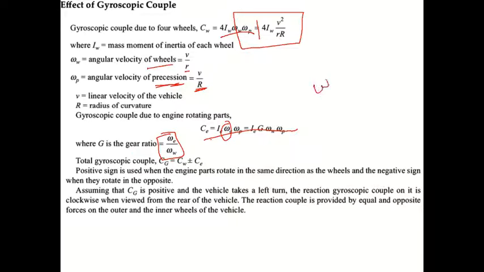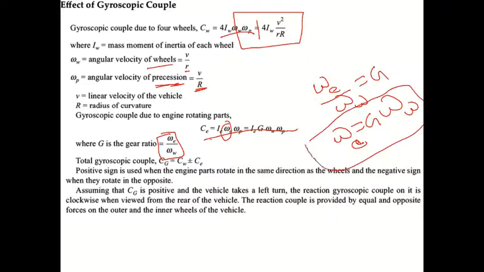Omega e divided by omega w is equal to the gear ratio, so omega e will be equal to gear ratio into omega w. That is what they have substituted here: instead of omega e, they have substituted G omega w.